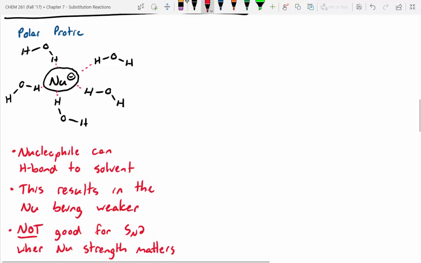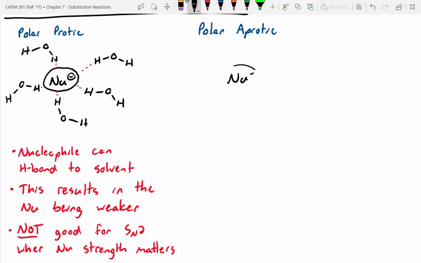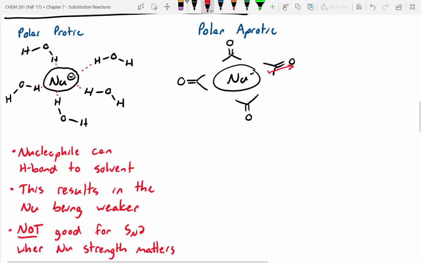Okay, on the other hand, let's come up with polar aprotic. In this case, we've got a nucleophile, again, with the negative charge, and I'm just going to choose acetone this time. Kind of looks like the acetone's sitting on the nucleophile. Why do I have it oriented that way? Yeah, the partial positive of each of these acetone molecules is going to be facing that nucleophile.